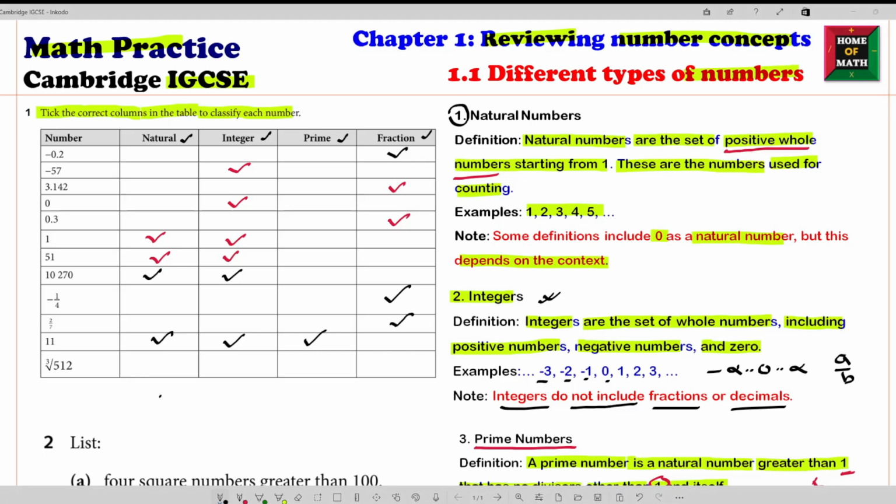Now the final one, the cubic root of 512.